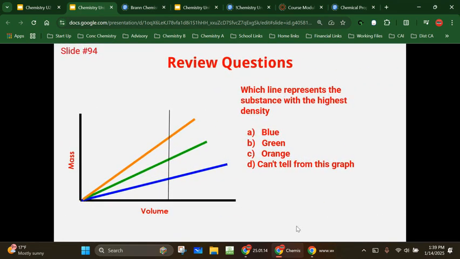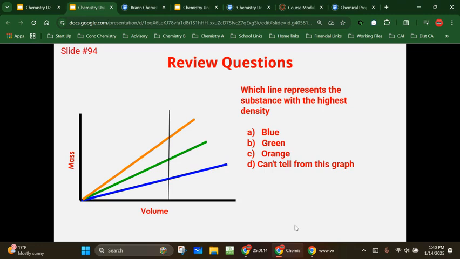But this one, which line represents the substance with the highest density? Now, in reality, there are only two choices here. What are they? Orange and blue. There's no way the middle line can represent the highest or the lowest because it's in the middle, correct?